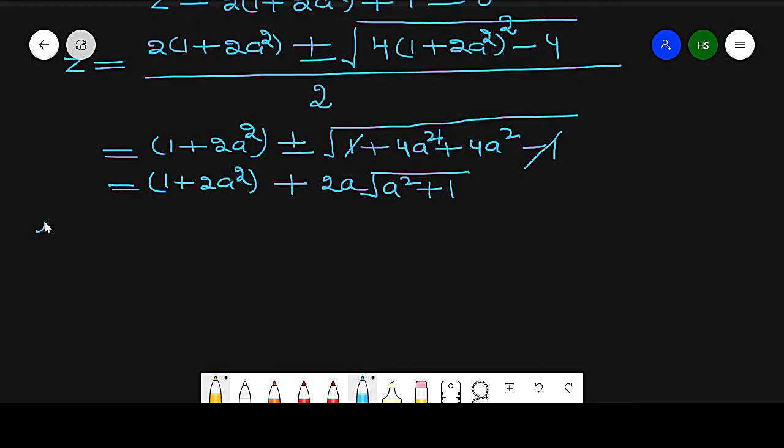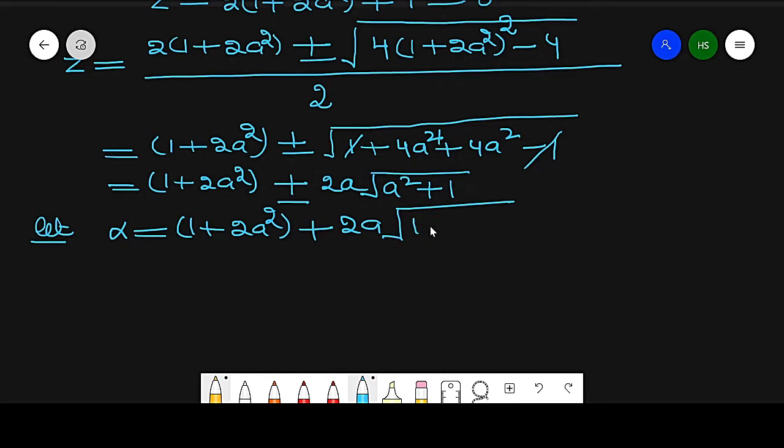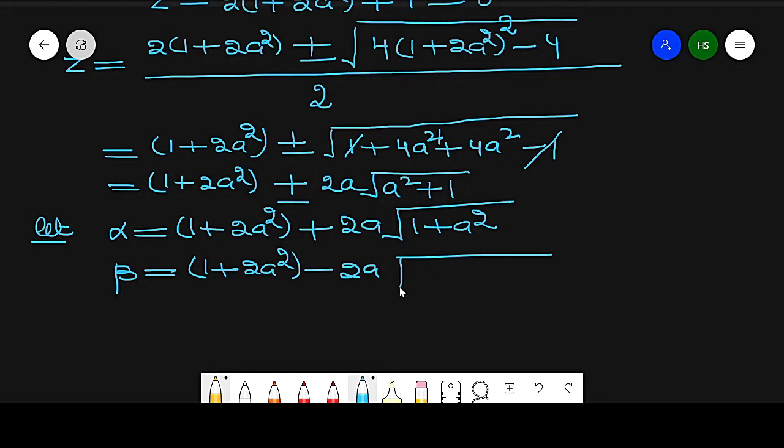Let me take alpha equal to 1 plus 2a square plus 2a into the square root of 1 plus a square, and the second, beta, equal to 1 plus 2a square minus 2a times the square root of 1 plus a square.